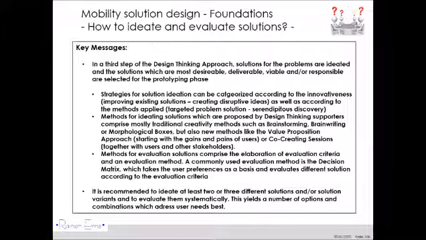And thirdly, I also introduced one method for evaluating the solutions and selecting one of them for prototyping, and this is the decision matrix. The recommendation is to ideate at least 2 or 3 different solutions or solution options and to evaluate them, because then you have a number of options you can choose from, and you might also be able to combine them.